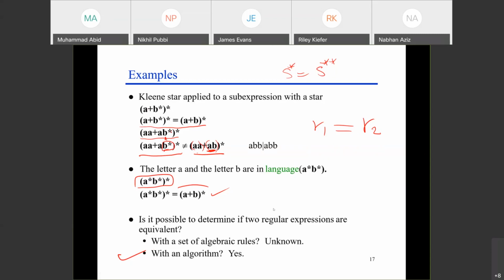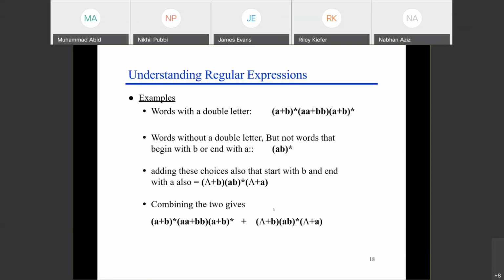Okay. So now, understanding regular expressions. This is another example. Now we are looking at more examples. Words with a double letter. We are saying that we have a word that has a double letter, meaning the word must have two A's or two B's, two consecutive letters. So A A and B B are double letters.